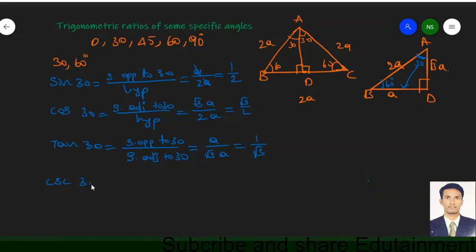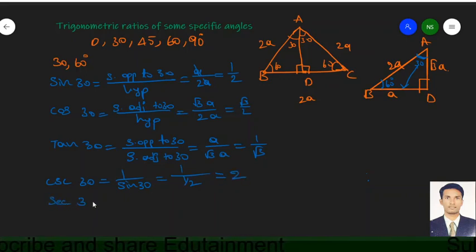Cosecant 30 is 1 by sin 30. So 1 by sin 30 value we got here 1 by 2, so this is equals to 2. Then secant 30, which is 1 by cos 30. So we will get 1 divided by root 3 by 2, which is equals to 2 by root 3.